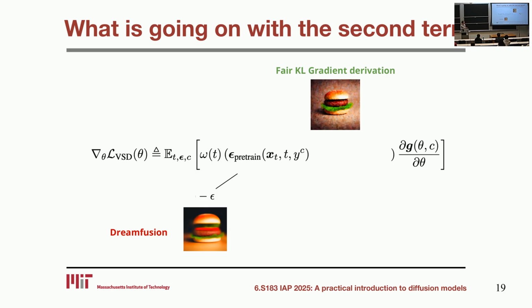But if we do something even more weird, like variational score distillation did, if we take a copy of this diffusion model and fine-tune it to denoise this particular object, which is a much more complicated object, and now we take the difference between the pre-trained model and the fine-tuned model noise predictions, in that case the results are much, much better.